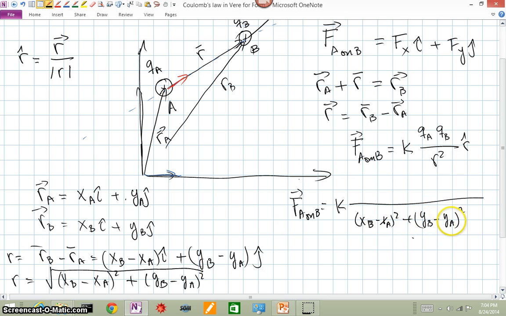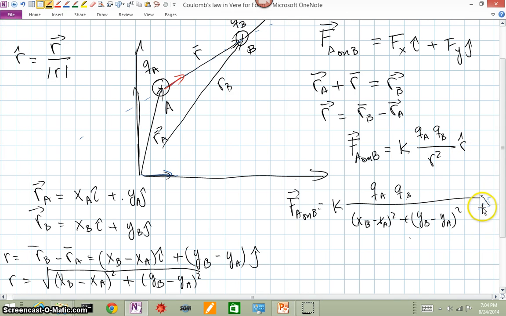Okay, these two, this square here, right? And then I'm going to have up here QA, QB, and this is the magnitude of the force. We just need to multiply that by this unit vector, and that unit vector is what?